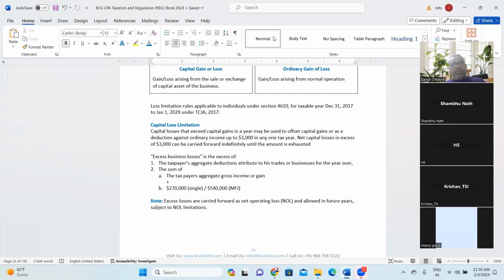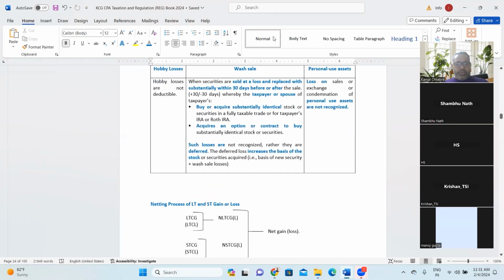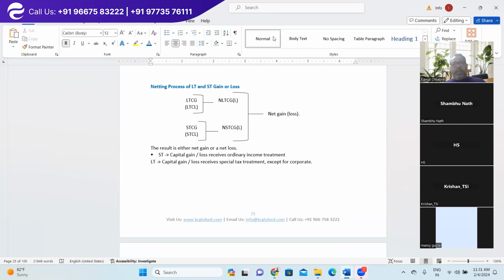What does it mean? Before we get into that, let's jump into this small table. This is a netting off process for long-term and short-term capital gain. How is it different from the netting off procedure we have all studied in India? Long-term capital gain in India is adjusted only against long-term capital loss.